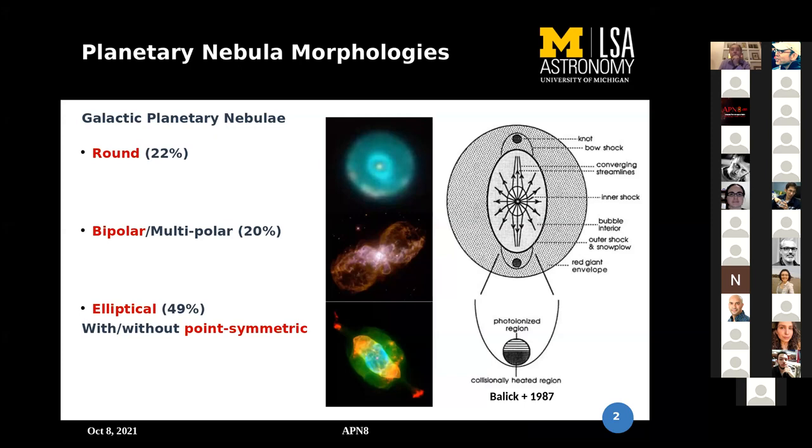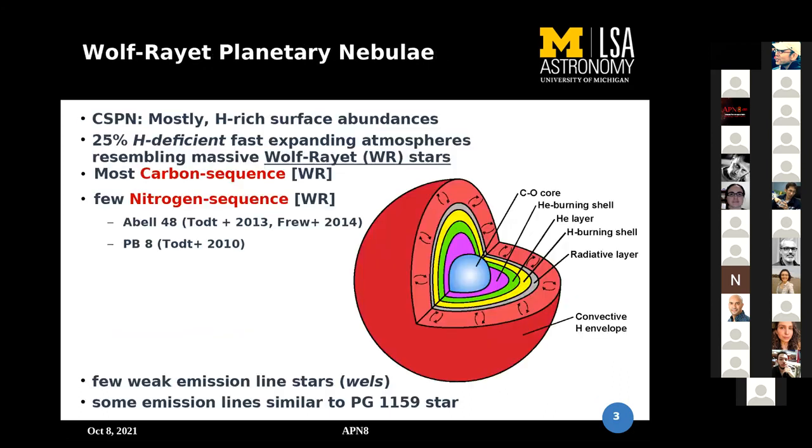And we don't clearly understand what causes the morphology of these planetary nebulae. It could be related to binarity and other stellar evolution. About 25% of planetary nebulae have hydrogen-deficient atmospheres, mostly of the carbon sequence, and a few of the nitrogen sequence, and they all resemble massive Wolf-Rayet central stars.